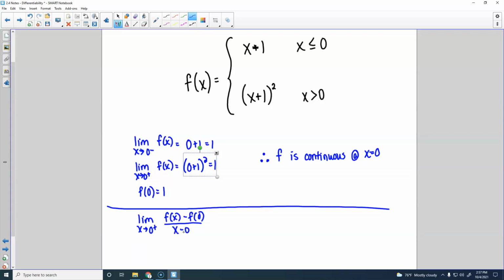Actually, I like doing the left first, so let me change it to the left. That's our limit definition of a derivative at a point. I'm using that one instead of the x plus h. You could use the x plus h, but this just lends itself to being a little bit easier.